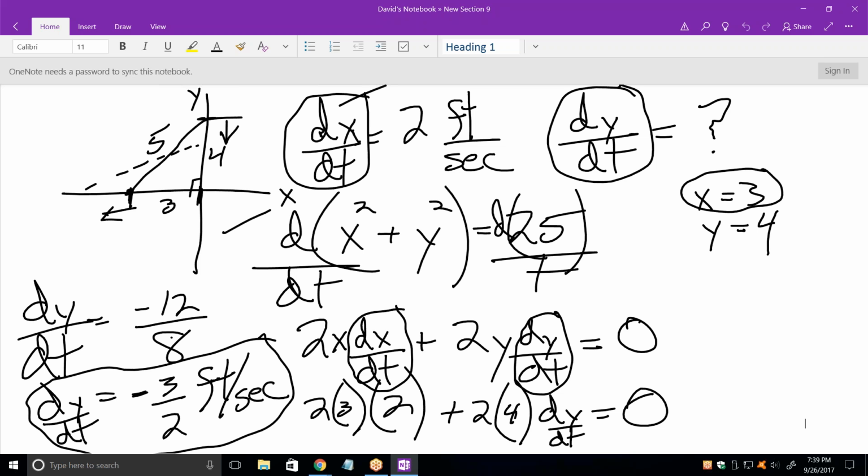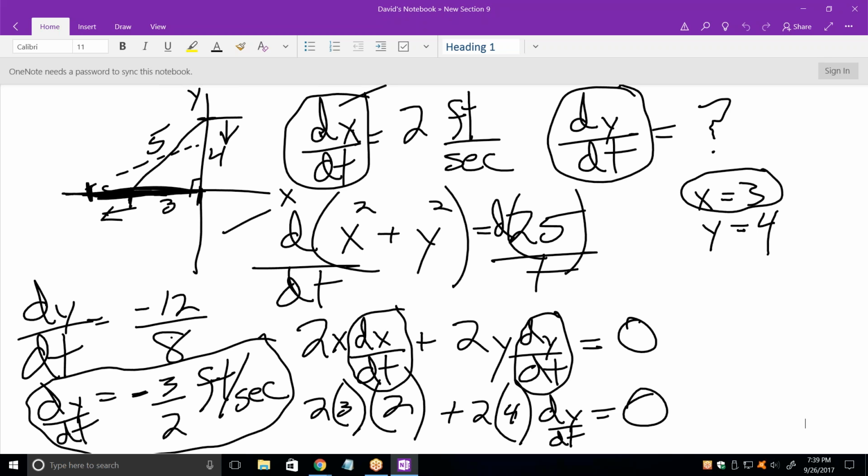Now, clearly, when the ladder falls all the way down, like that, it would be 5 feet from the wall. What's dx/dt at that point in time? How fast is the base increasing when the ladder has fallen all the way to the floor?